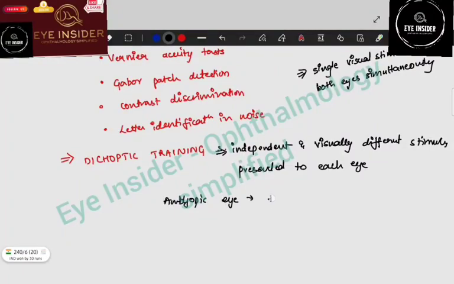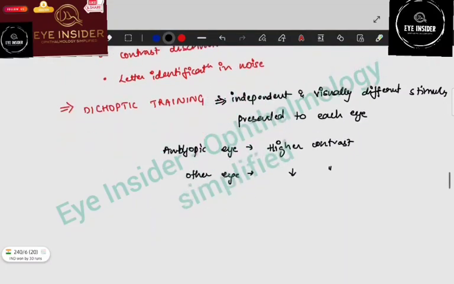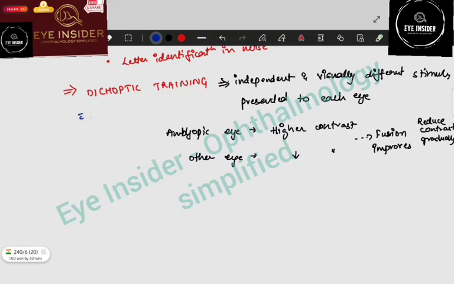In front of the amblyopic eye, we give a higher contrast, and in front of the other eye, we give a lower contrast image. This improves the fusion, and we slowly reduce the contrast presented to the amblyopic eye, so that both contrasts are equal and binocularity is established. It can be done with the help of iPad therapy or with the iBit system.